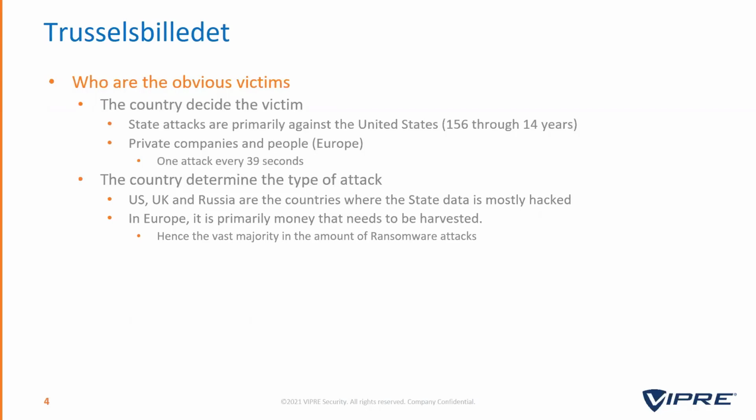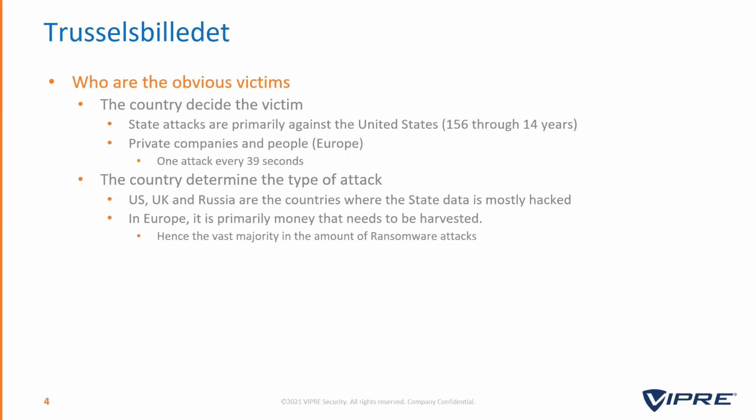Their primary goal is getting state secrets. China would like very much to get information from the USA. They see them as a natural threat, so they attack the US. Throughout the last 14 years, there have been, officially, 156 successful attacks with a large outcome on the United States, probably more if you look at the unofficial numbers.